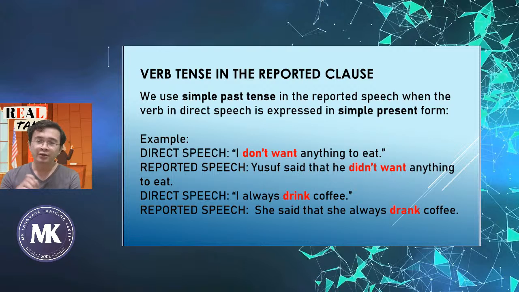Here we have the direct speech: I don't want anything to eat. The words "don't want" are in simple present. If we want to change this into reported speech, you can say: Yusuf said that he didn't want anything to eat. So from "don't want," it becomes "didn't want." You can see the transition from simple present in direct speech to simple past in reported speech.